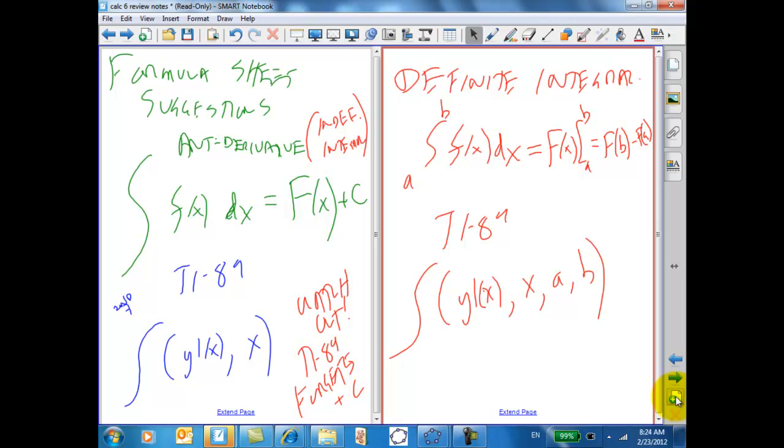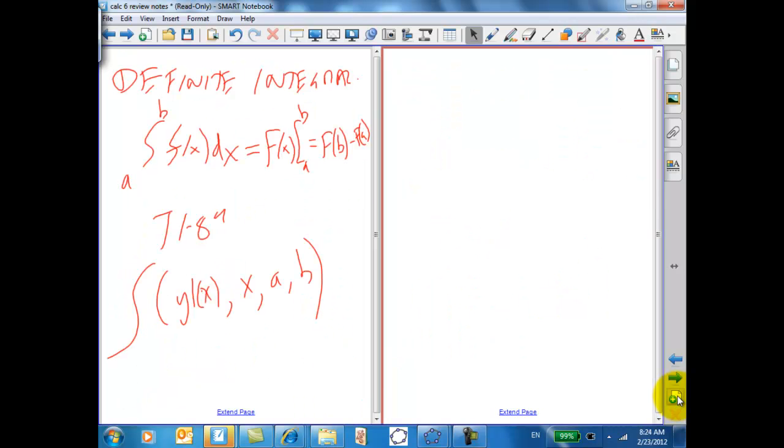Now, let's go through some integral tricks. These are other formulas you can have on your sheet. The most basic integral is the integral of dx. What does this d stand for? Derivative. And this is antiderivative, or the integral. So you just get x plus c.